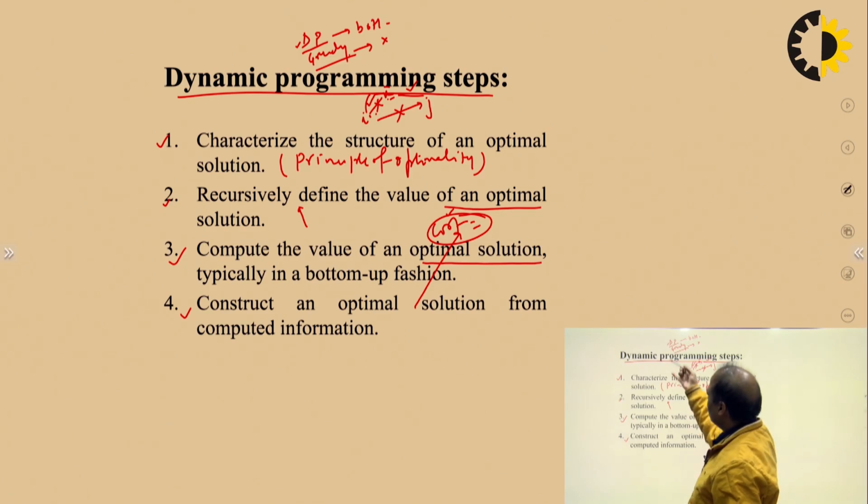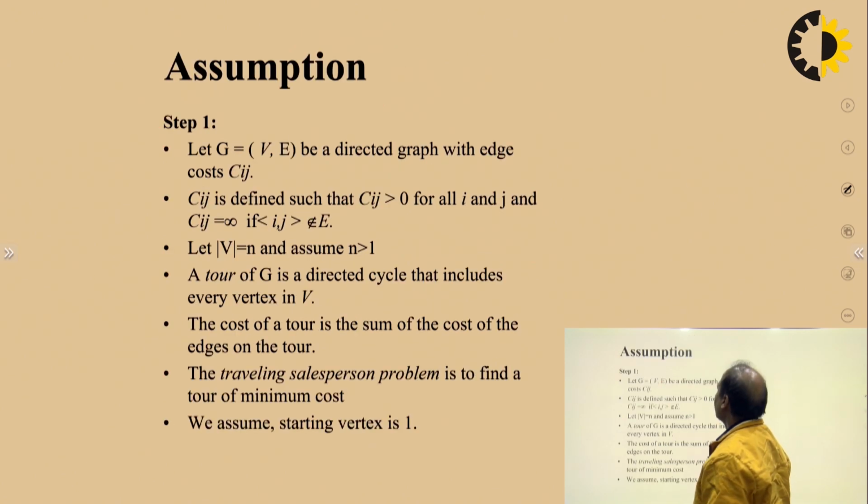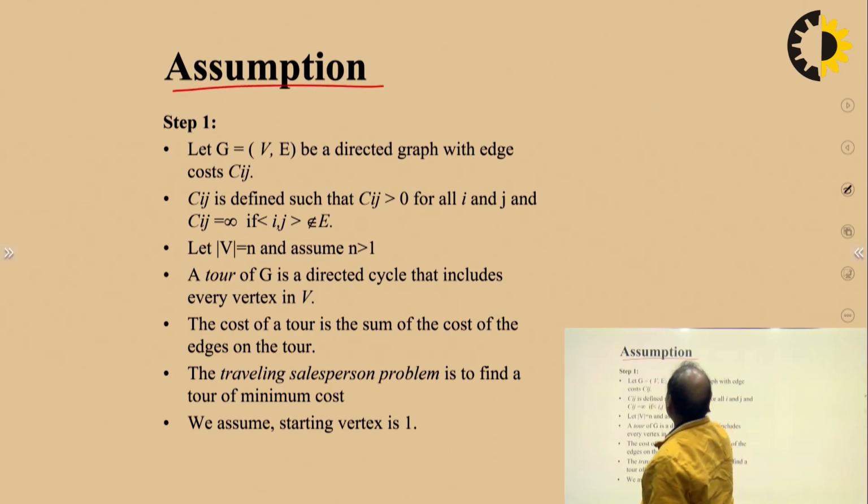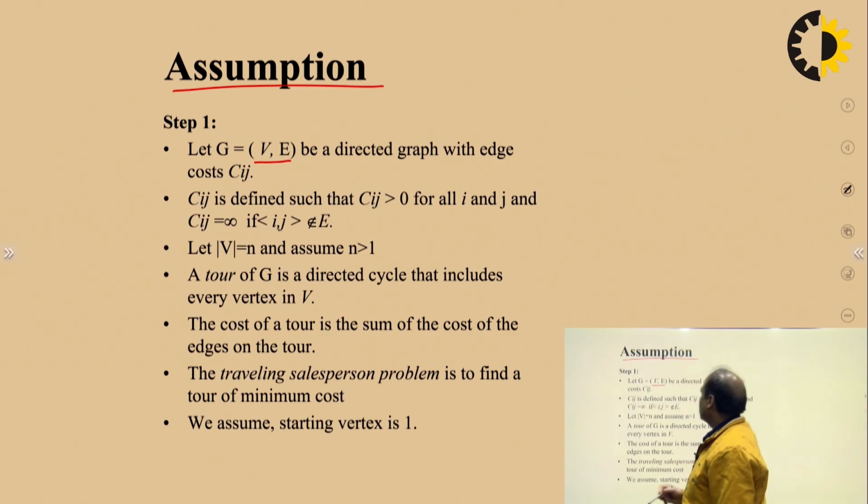So let's apply this DP approach on the TSP problem. These are the assumptions. We are assuming that G is a graph having V vertices and E edges, a directed graph. Here we are taking a directed graph, not an undirected graph, with edge cost Cij.